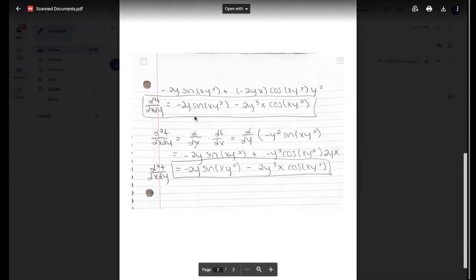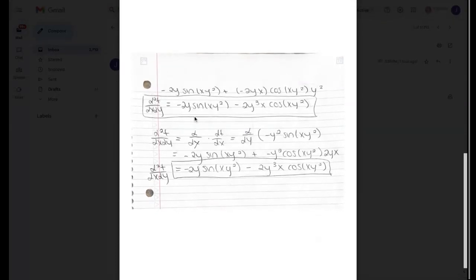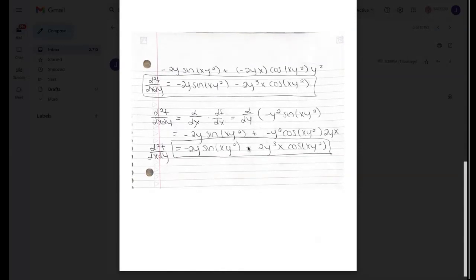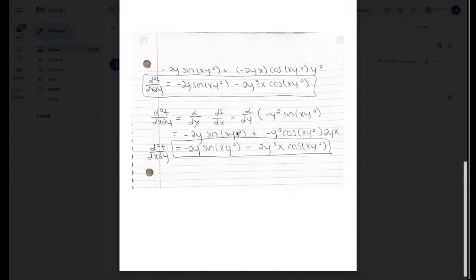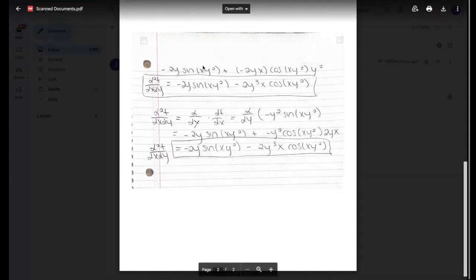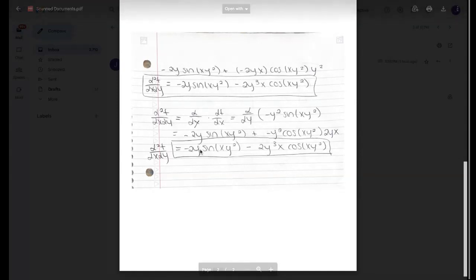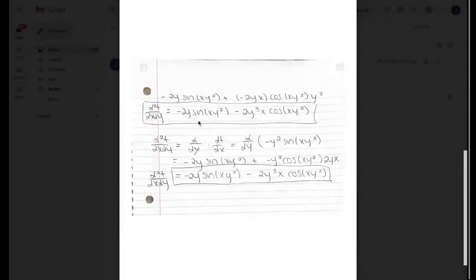Putting that all together, you get negative 2y sine xy squared minus 2y cubed x cosine xy squared. And then finally, the last step is doing partial f partial x and then partial y, and you end up getting the same answer, so the mixed partials are equal in question 3.